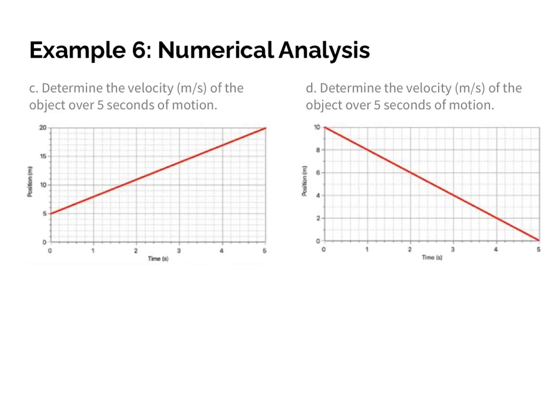All right, last example, we're looking at the velocity. In this case, we said before that in order to determine the velocity, we are going to look at the slope of the line, okay? We also know that velocity is simply the distance or displacement divided by the time. So when I want to find the velocity in this case, I'm going to do the same thing we just did. I started at 5, and now I'm going all the way up to 20.